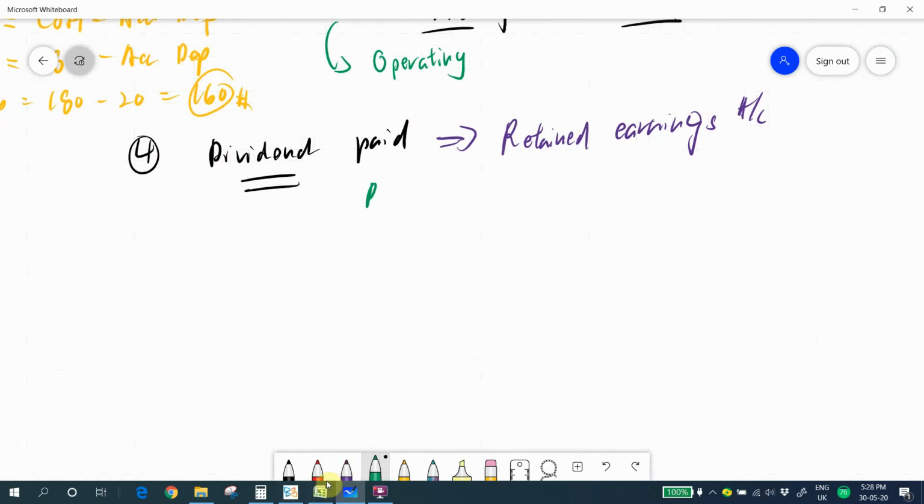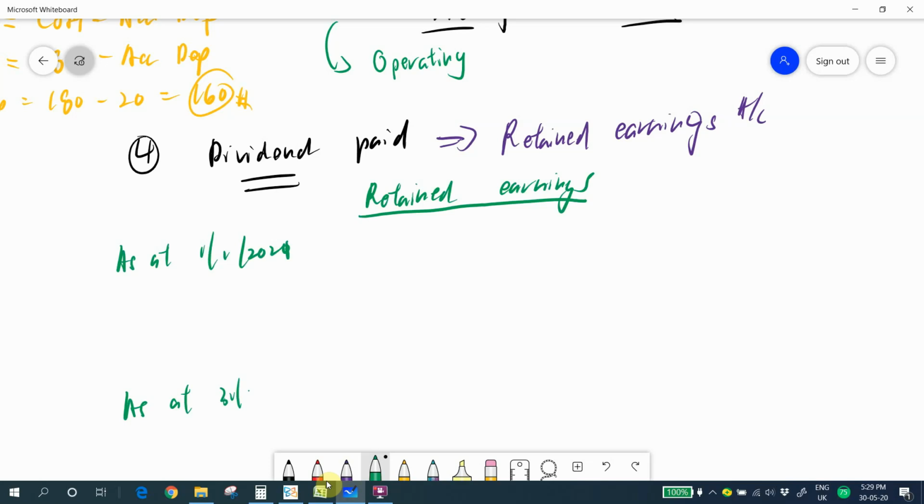So this is retained earnings. If you understand the statement of changes in equity, you know that we have an asset on 1st of January 2021, and we will have an asset on 31st December 2021. This is the opening, and this will be the closing.